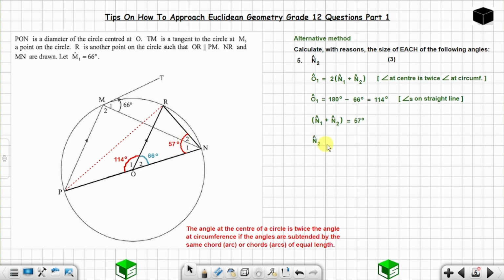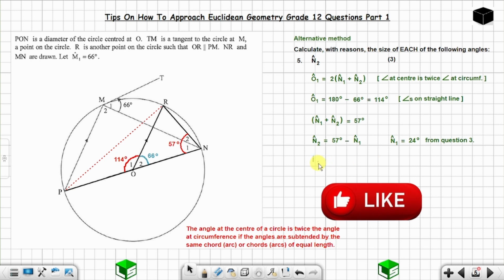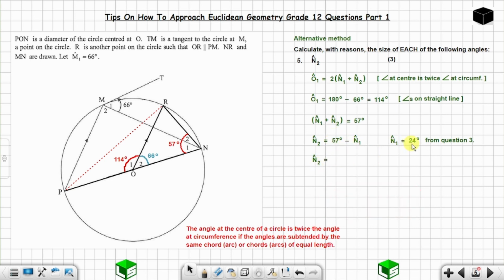Now, N2 is equal to 57 degrees minus N1. You take N1 to the right, now you have minus N1. And N1 is equal to 24 degrees, from question 3. Now, N2 is equal to 57 minus 24, which is 33 degrees. So this is an alternative method that you can use to find N2.